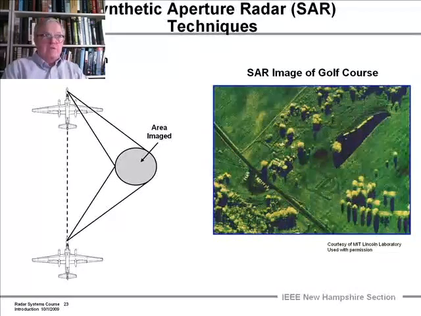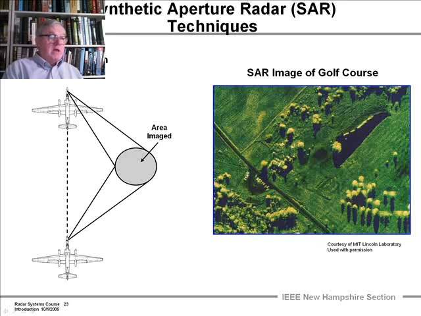Well, the synthetic aperture radar is how you do it. What you do is you have a radar on an airborne platform, and it has an antenna on it, and it illuminates an area on the ground, and the airplane flies, emitting its signal towards that same patch on the ground, for a long distance.